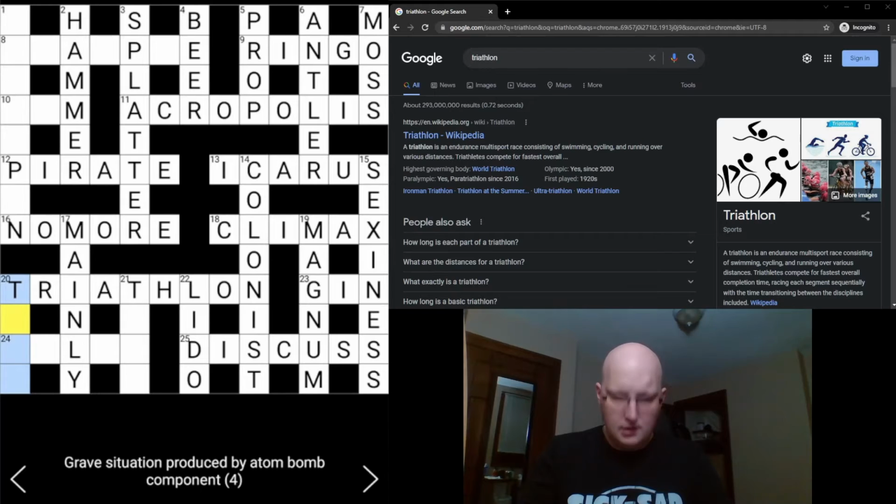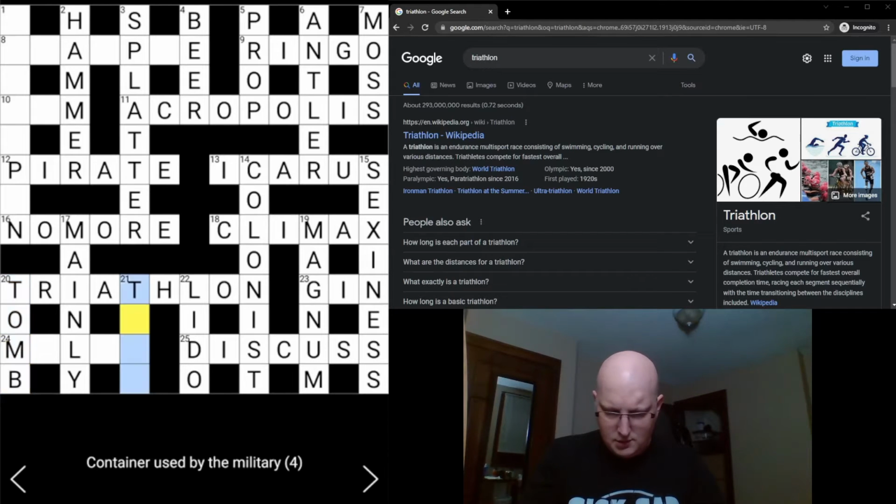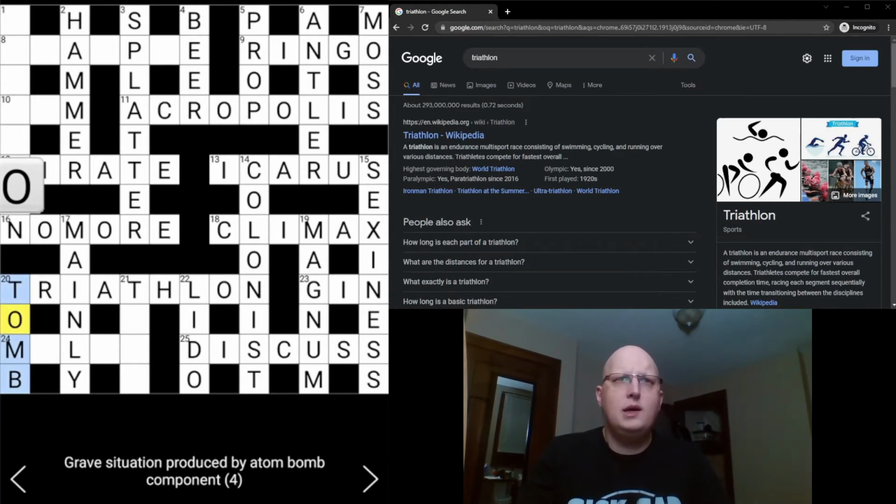So let's keep going. Grave situation produced by atom bomb component. Grave could mean like a person's grave, or it can mean serious. Situation. Well, produced by implies atom bomb component. Oh, tomb. There we go. I wonder why situation's in there. I'm pretty sure the answer is tomb, so let's put that in. Then let's work out why we have situation there.